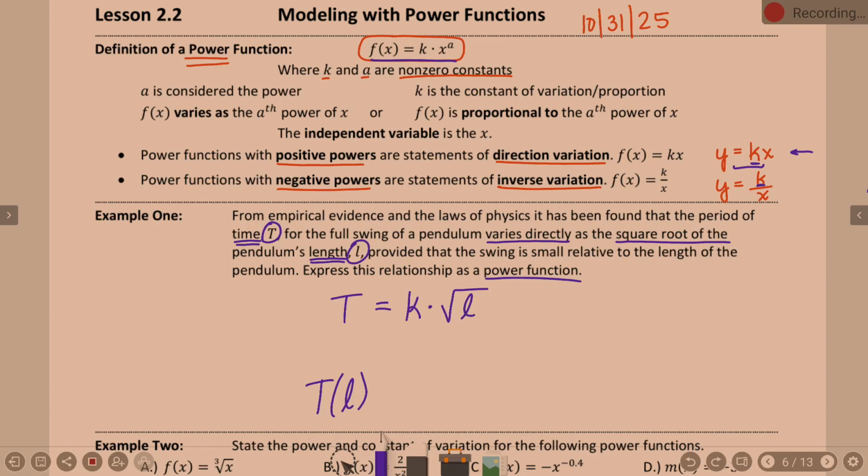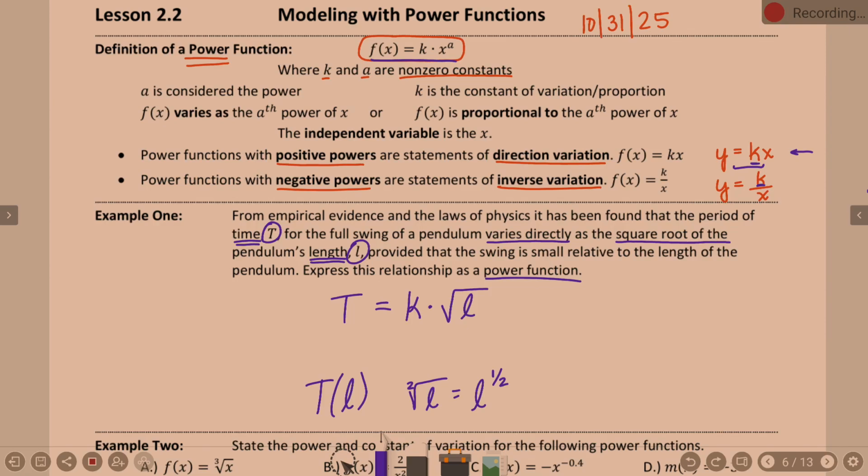What I'm looking at is, what about square root of L? That is L to what power? Remember, a square root has a root of 2, and that's your denominator, so this is L to the 1/2 power. If this is a power function, it's something that can be written in the form where it's x to a power.